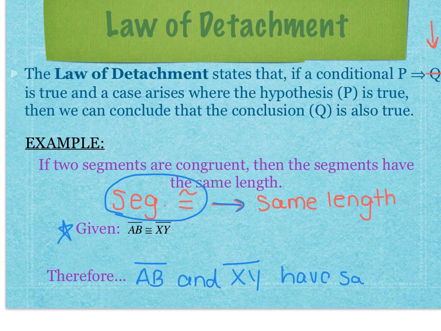See how that works? If I give you information that fits the proposition, where the first part of the sentence is true, then you can follow the arrow and conclude this part. You can't go the other way. Now this is a bad example of that, because this could technically be written as a biconditional, where it could go the other way. But let's look at an example where going the opposite direction wouldn't work.